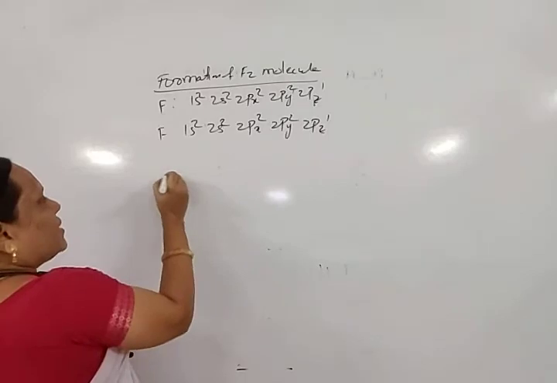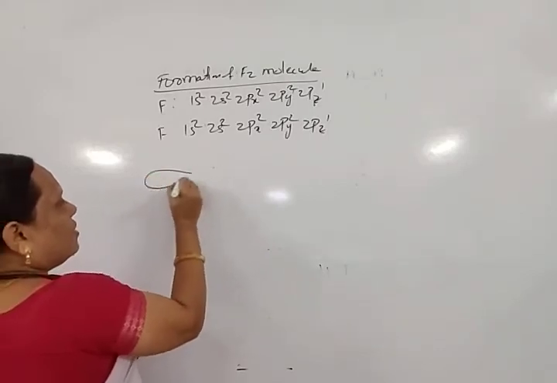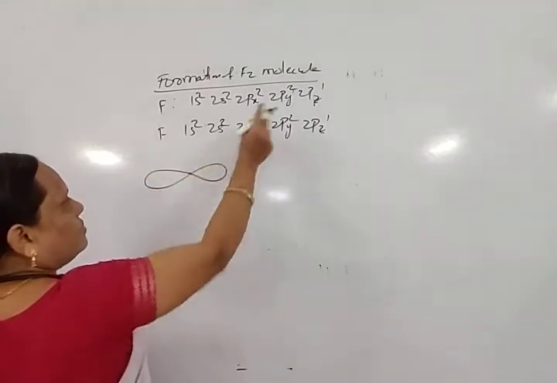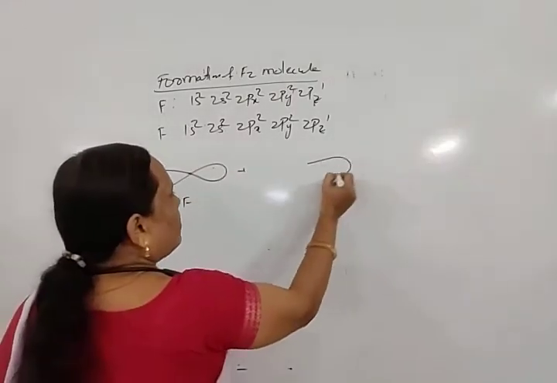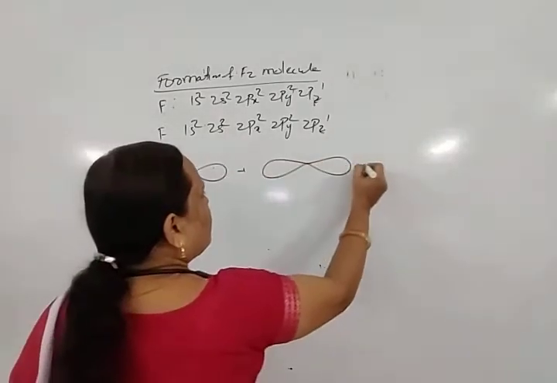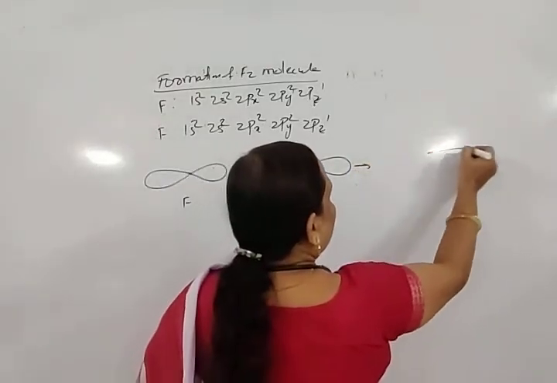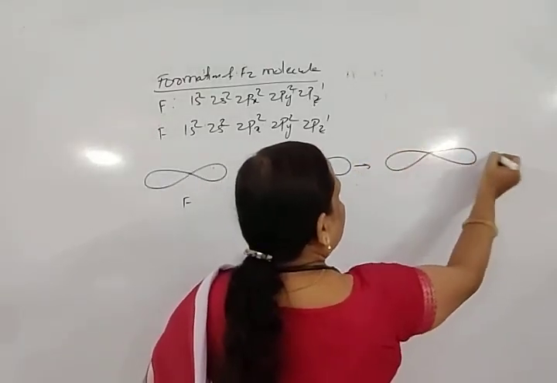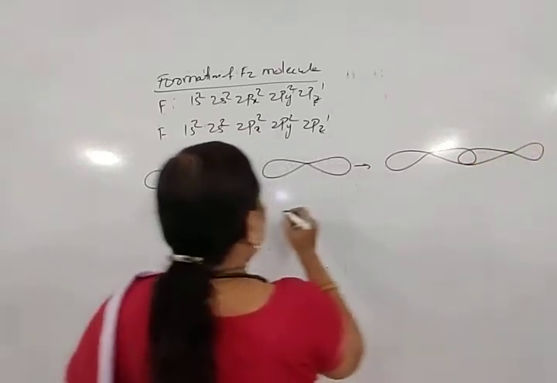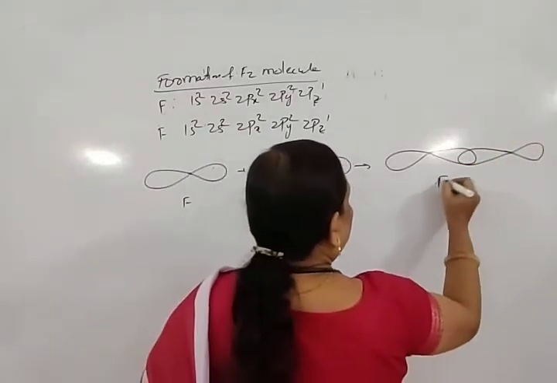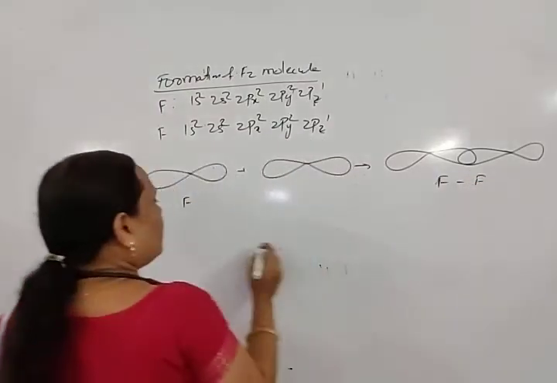So we can write the p orbital of one fluorine atom and the p orbital of another fluorine atom. These two combine, these two overlap in this way, and there is formation of this F-F bond.